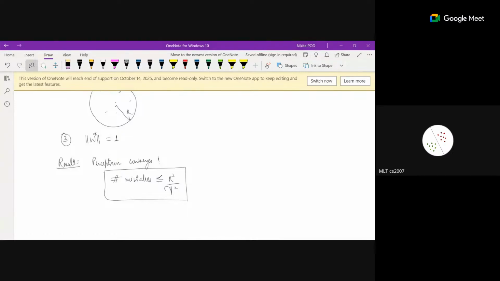Okay, so this is one result from perceptron. And when we were proving it, we had also seen that the length of WL is bounded above by L R square and L square gamma square. Let's see this.